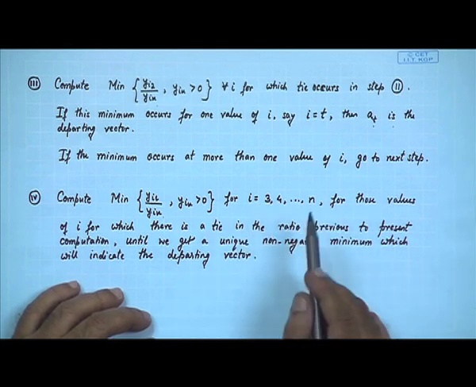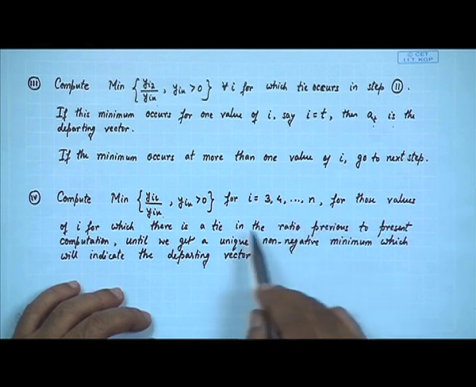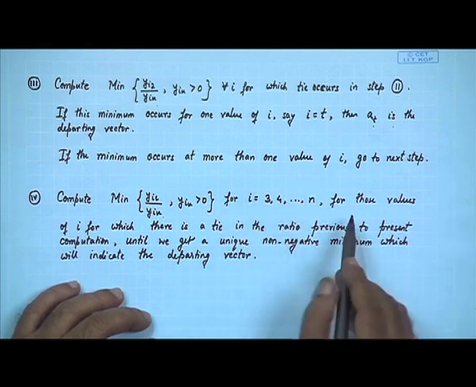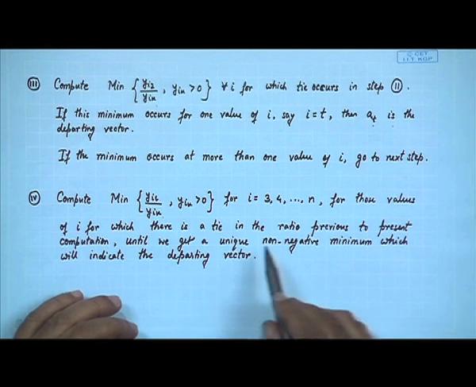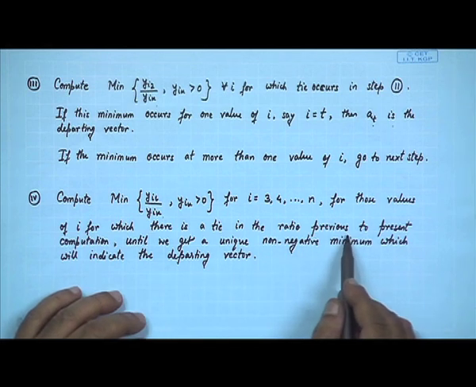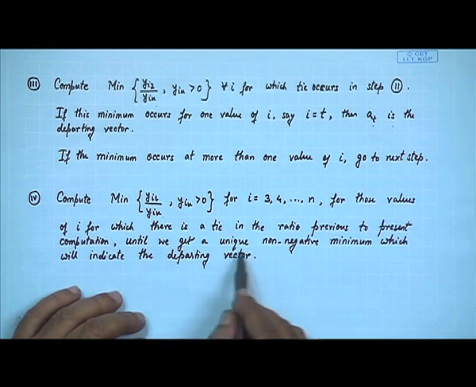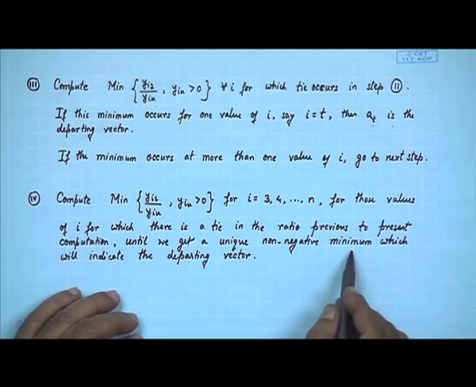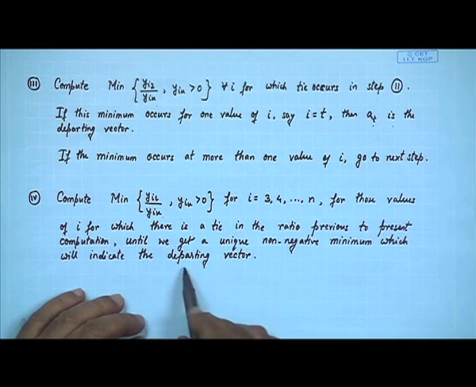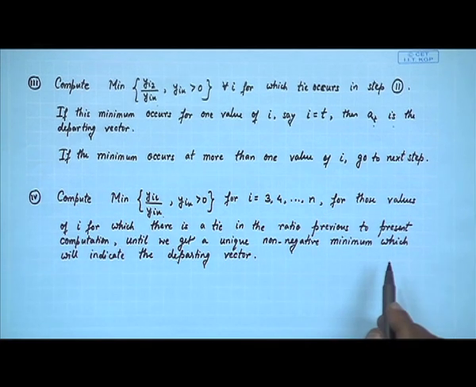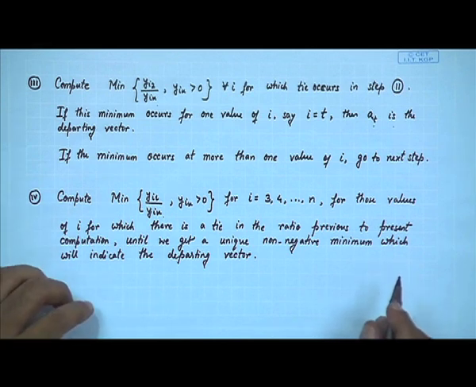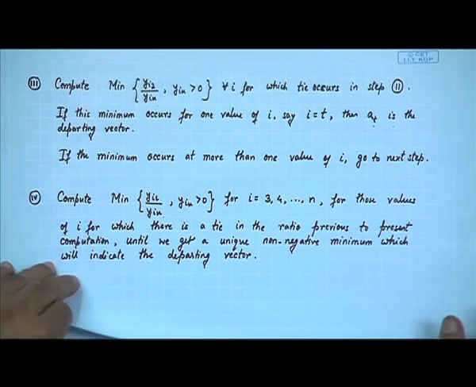Means still you are getting at least one minimum, you have to continue the process for these values of i for which there is a tie in the ratio previous to present computation, until we get a unique non-negative minimum, which will indicate the departing vector. So basically I have to repeat the process until I am obtaining a unique minimum. Let us explain this one with an example.